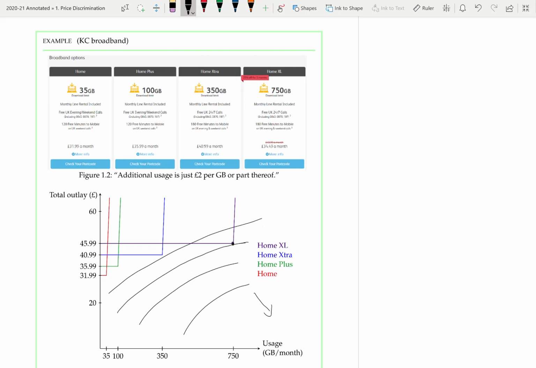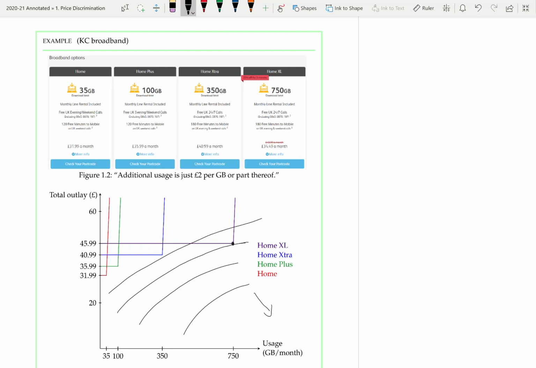So a person with these indifference curves would choose the Home XL plan and they would end up consuming the limit for that plan. Now, no one would want to go over the limit unless they had a very, very steep indifference curve that touched up here, right? So they might have a tangency up here.